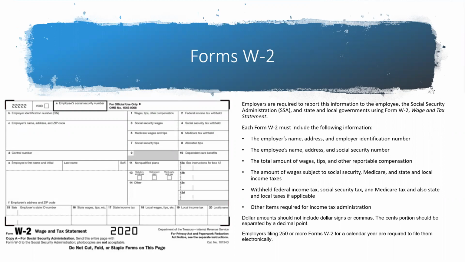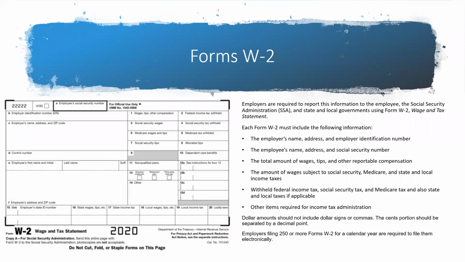They must include the total amount of wages, tips, and any other compensation that was taxable and must be reported. They must include the amount of wages subject to Social Security, Medicare, state, and local income taxes. They must include withheld federal income tax, Social Security tax, and Medicare tax, as well as any state or local taxes, if there is any.